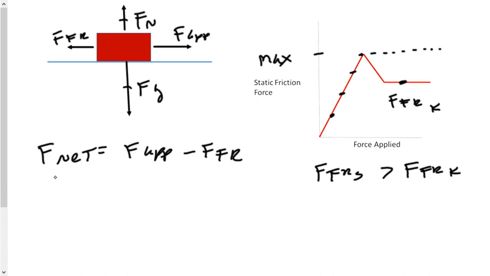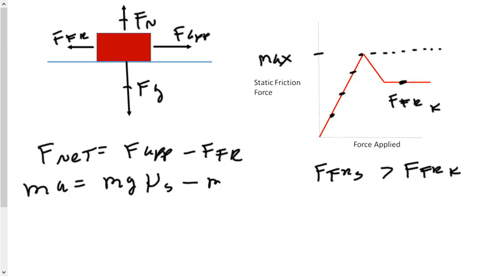Let's put that in our equation. Well, force net, of course, equals ma. What would be the force applied in this case? Well, it would equal the static friction force. So that would be mg for force normal multiplied by mu, and I'll put a sub s there, standing for static. And then minus, well, once it starts moving, the friction lowers to kinetic.